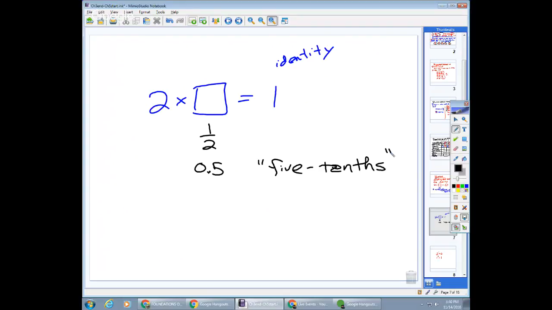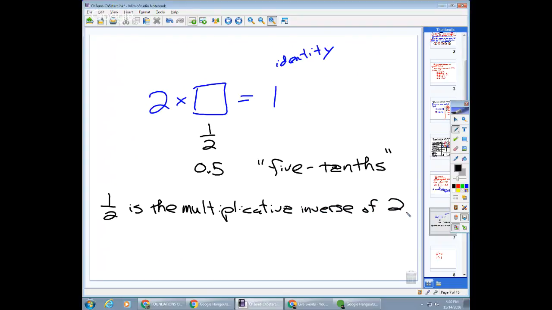So 1/2. And again, we have to leave whole numbers to start talking about inverses. So I could say 1/2 is the multiplicative inverse of 2. Anybody happen to know an alternate word for multiplicative inverse? Kind of like opposite is a different word for additive inverse.